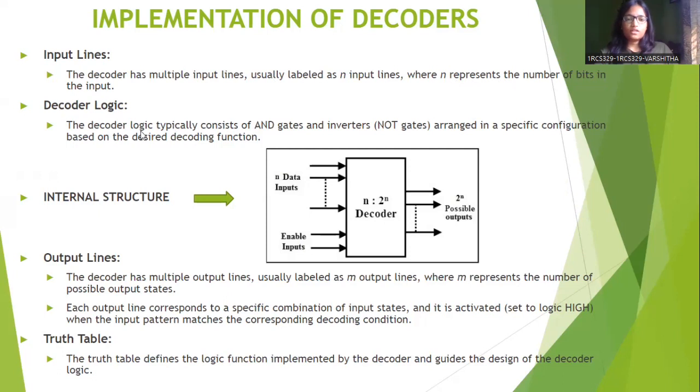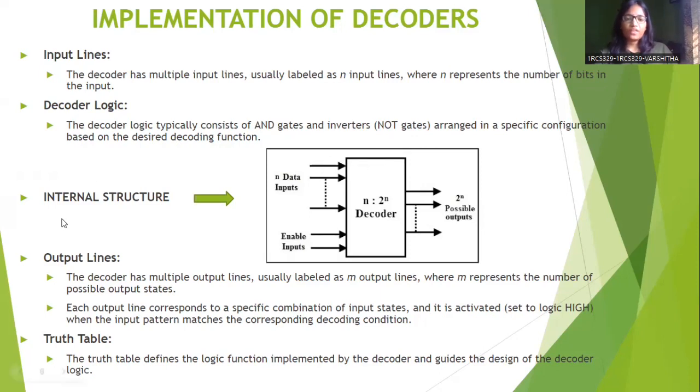Decoder logic: the decoder logic typically consists of AND gates and inverters. As I said before, a decoder is a combination of logic circuits. Hence, it consists mainly of AND gates and inverters, arranged in a specific configuration based on the desired decoding function.